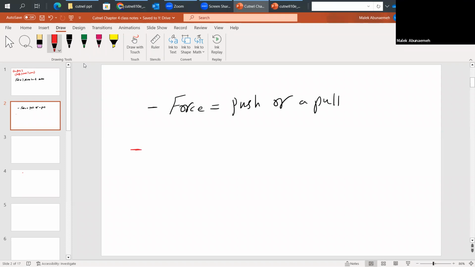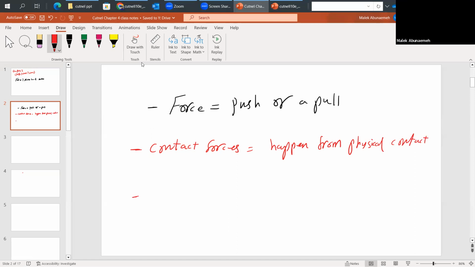Now, there are two types of forces. You have your contact forces, which happen from physical contact.